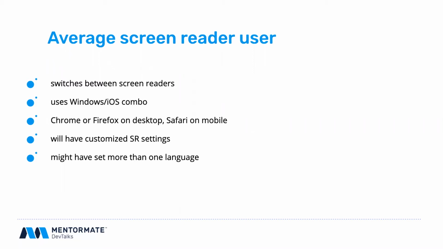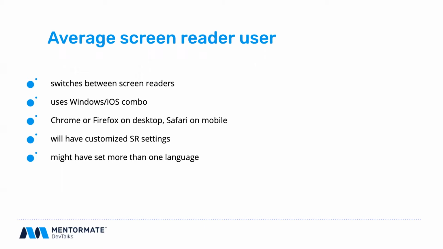They will, or at least some of them, will heavily customize the screen readers. Perhaps they've been used to a certain keyboard combination that gets them all the lists on your website. And you shouldn't rely on those keyboard combinations, for example.